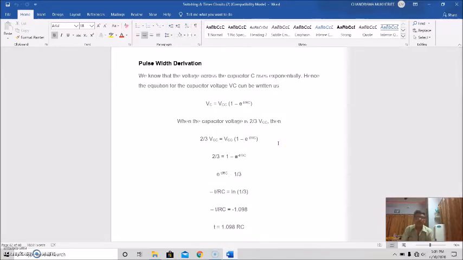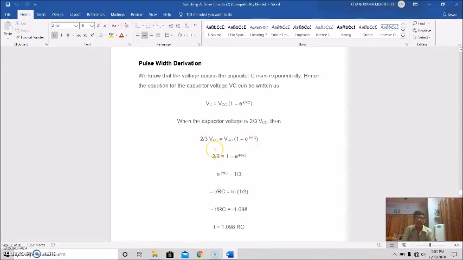As we know, the voltage across the capacitor rises exponentially. Hence, the equation for the capacitor voltage VC can be written as VC equal to VCC into 1 minus e to the power minus t by RC. When the capacitor voltage is 2/3 of VCC, then VCC into 1 minus e to the power minus t by RC.